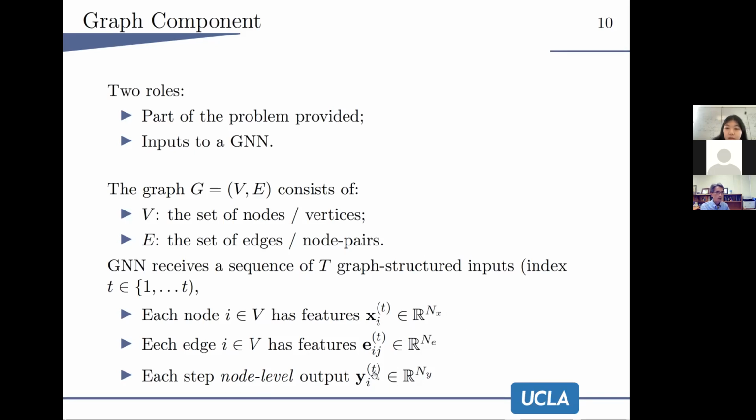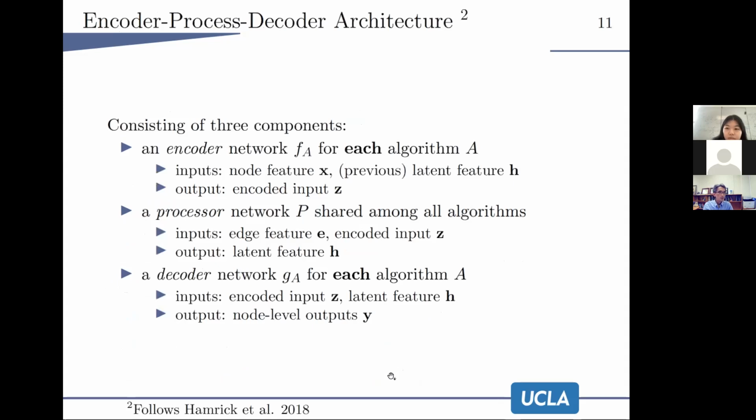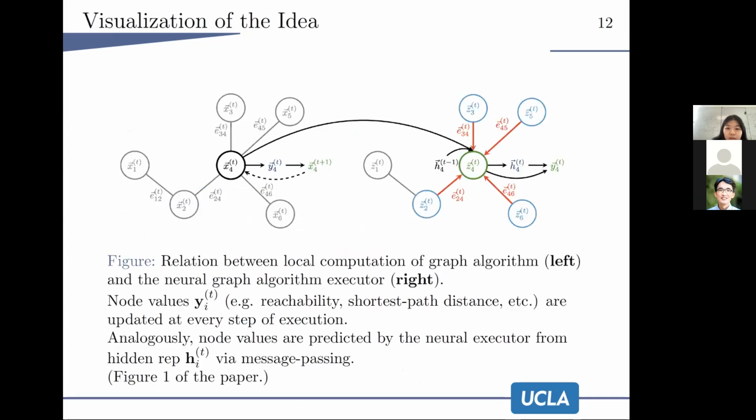Okay, maybe things will be a little bit clearer once I see some examples. Thank you. Yeah, and they also provide a visualization of this idea. On the left side of this figure, it shows the algorithm's nature, from X to some sort of knowledge that we want to extract from it, Y, and update it sequentially.